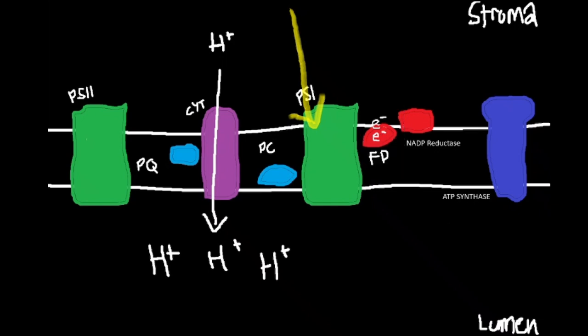And basically, the other name for photosystem 1 is P700, because 700 nanometers can produce red light. The red light is the strongest wavelength. No, not the strongest wavelength. The maximum wavelength that you can absorb.